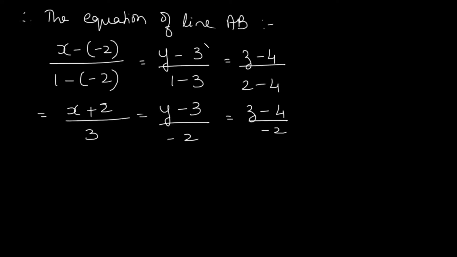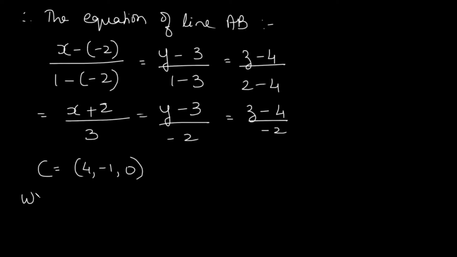Now already, it is line AB. So A and B, like 2 points, are anyway always collinear, because they are forming the line AB. We have to prove that point C lies on AB. So to prove that, see, the coordinates of C are given by 4, -1 and 0.